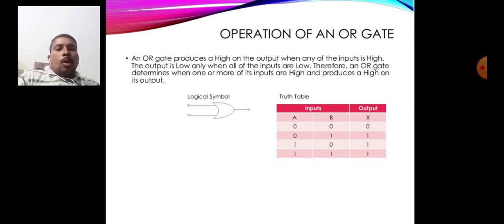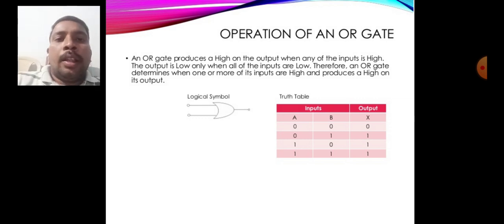That means only when both inputs A and B are low is the output X low. In the remaining three conditions, that is A low and B high, or B low and A high, or both A and B high, the output will be high.